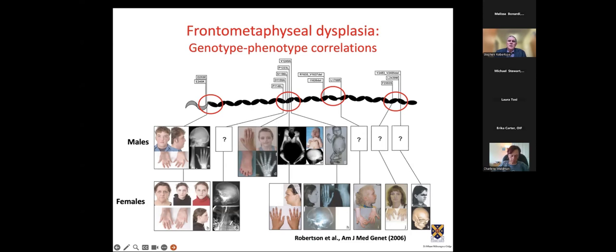But you'll see that actually the more N-terminal clusters confer survivorship to males, where the more C-terminal clusters seem to be something that locate just to female manifestations or female survivorship with this condition.